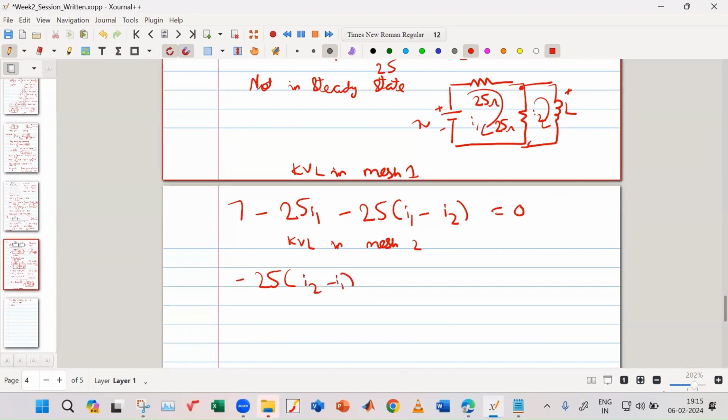Now what is the voltage across the inductor? Minus 6 into di2 by dt. So this will be minus 6 into di2 by dt, that is equal to 0. So now it becomes a first order differential equation, and you have to solve in terms of this.